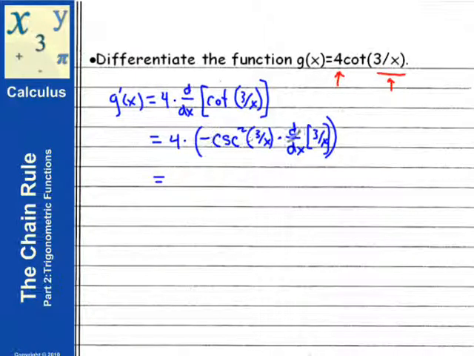Well, 4 times this negative factor is going to be negative 4 times cosecant squared of 3 over x. And then we're going to concern ourselves with how we find this derivative. And that's not unusual. It's good that we've written it down in the way we have, so now we can concentrate on how we're going to actually find that derivative.